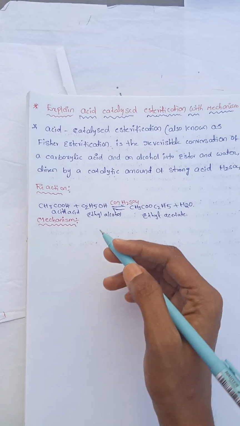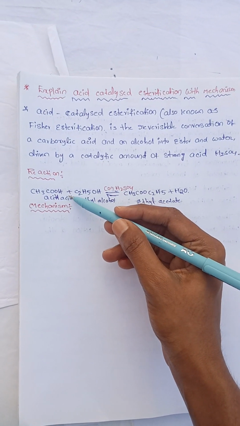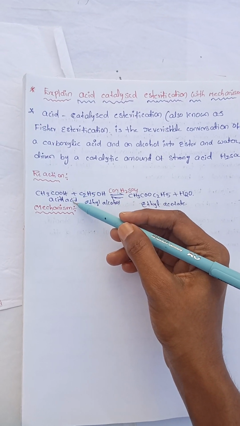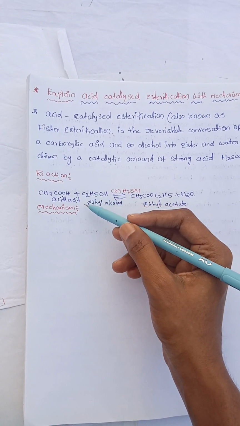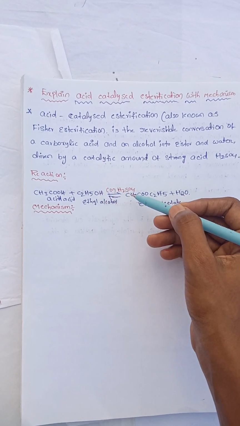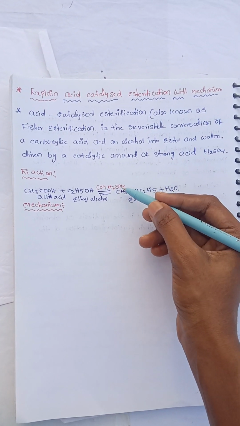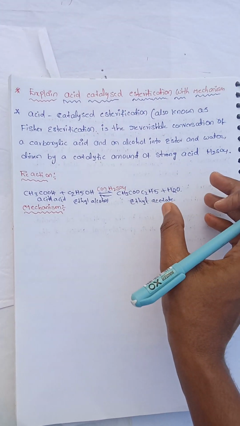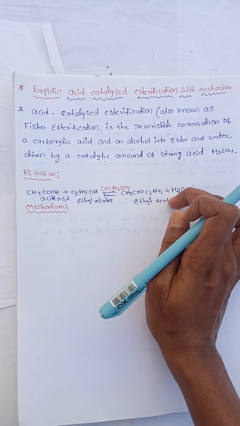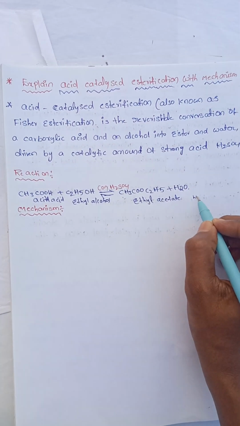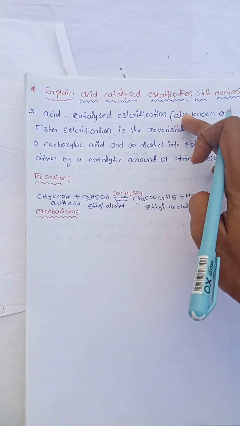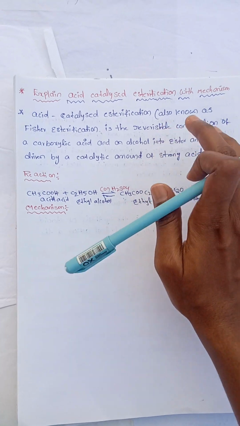So this is the reaction. Acetic acid is reacted with ethyl alcohol in the presence of strong acid, that means H2SO4. It gives the product ethyl acetate and water. So this is the reaction, and this is the definition, guys.